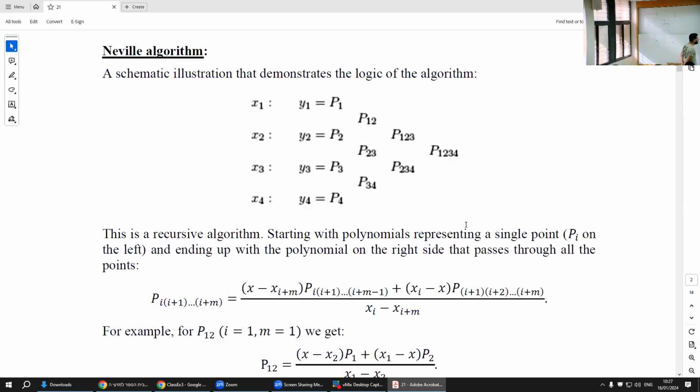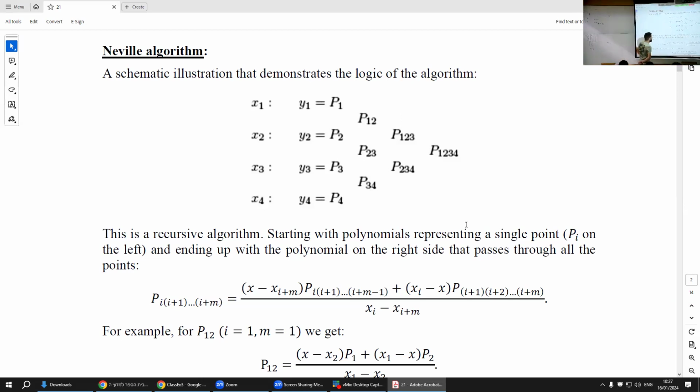So, for example, if you want me to evaluate the function, you give me these 4 points: at x1 the value of the function is y1, at x2 it is y2, at x3 it is y3, at x4 it is y4, and you ask me to evaluate the function at some x here between x1 and x2. Okay.